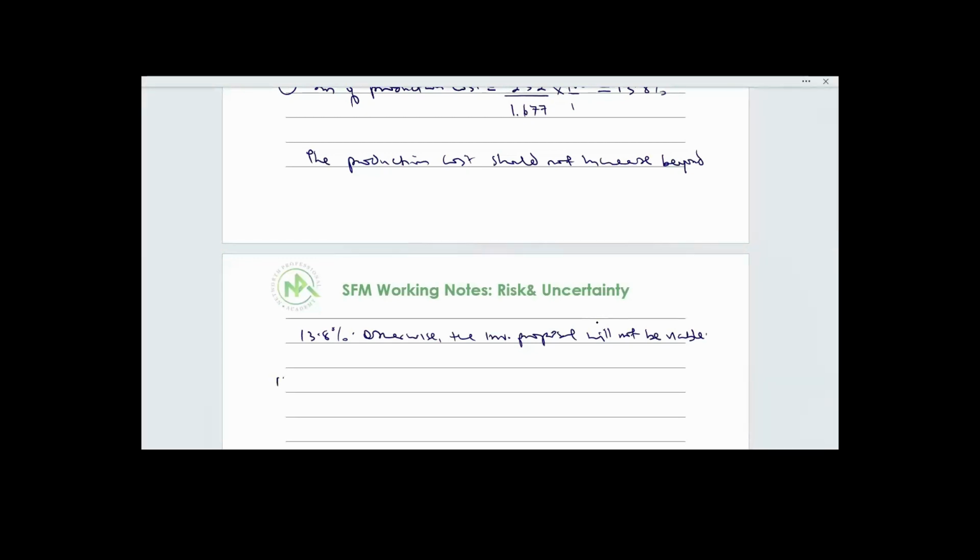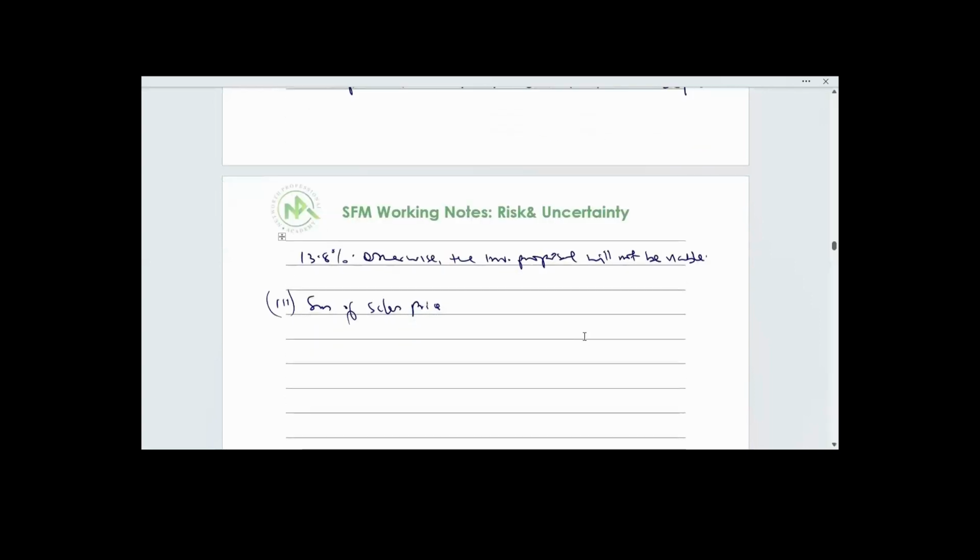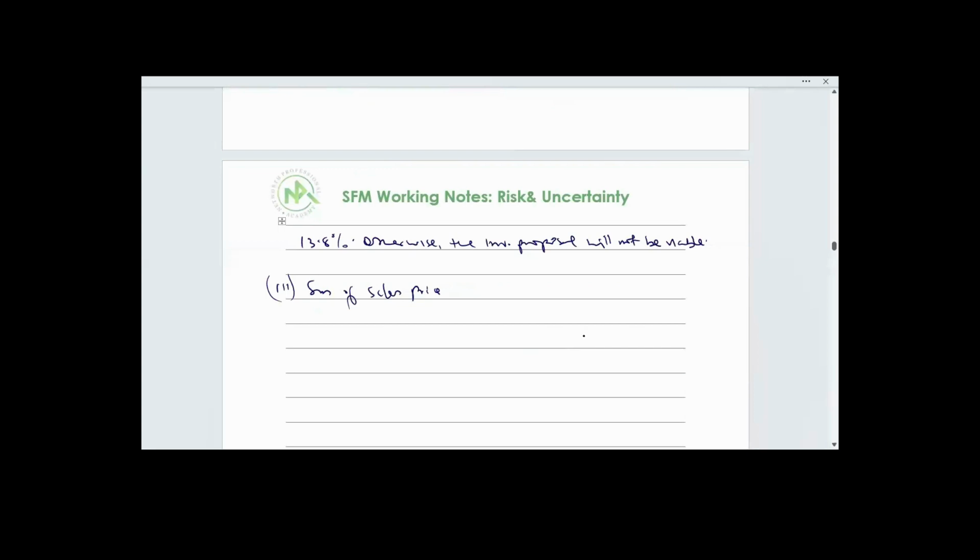Number 3: sensitivity margin of sales price, which is equal to NPV of 232 divided by the present value of sales price.